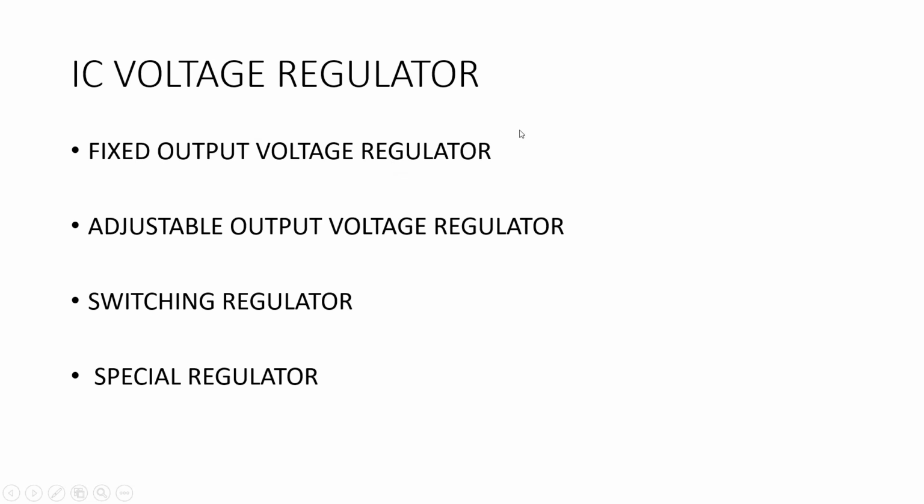In fixed output voltage regulator, there are two types, the fixed negative voltage regulator and fixed positive voltage regulator. Fixed positive voltage regulator includes the IC series 78XX, and fixed negative voltage regulator includes the series 79XX.